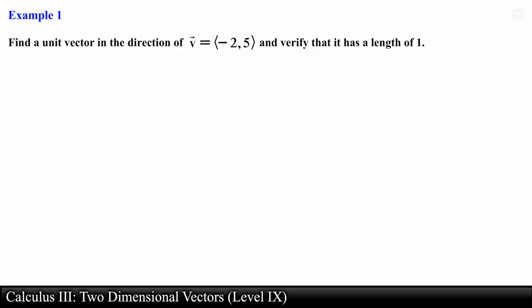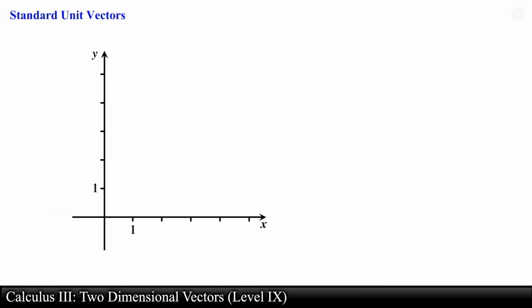Now that we are familiar with unit vectors, it is time to talk about a special type of unit vectors, specifically the unit vectors with components 1, 0 and 0, 1. These unit vectors are called the standard unit vectors in a plane and are denoted as follows. On paper, we usually denote these unit vectors with a lowercase letter and draw the hat symbol on top.